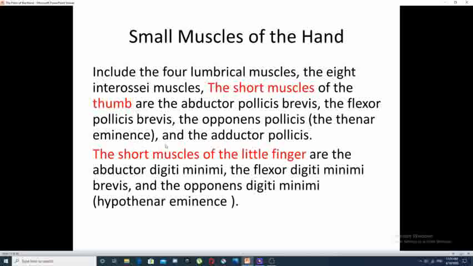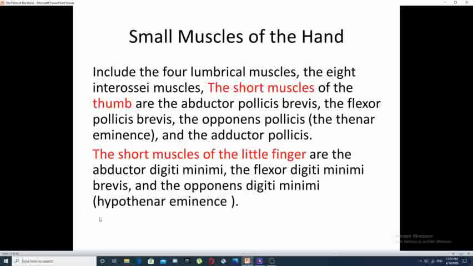A 4th small muscle that acts on the thumb is called adductor pollicis. In addition, the other group is the short muscles of the little finger: abductor digiti minimi, flexor digiti minimi brevis, and opponens digiti minimi. These 3 muscles have another name, the hypothenar eminence muscles.